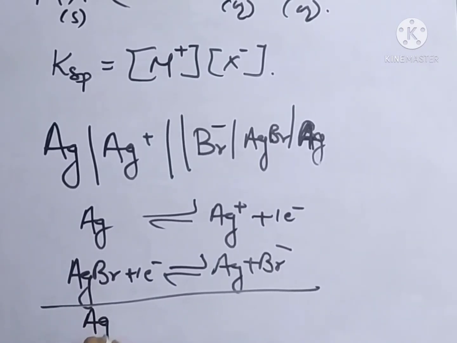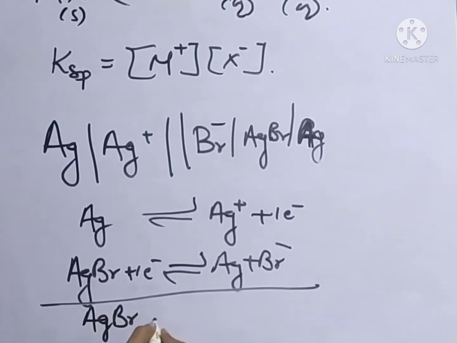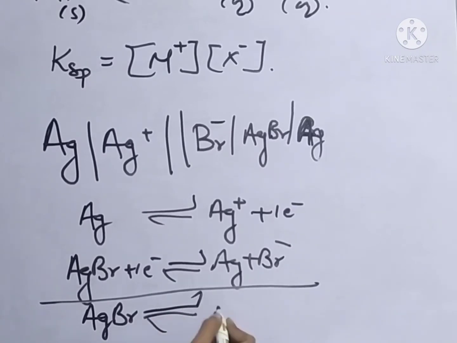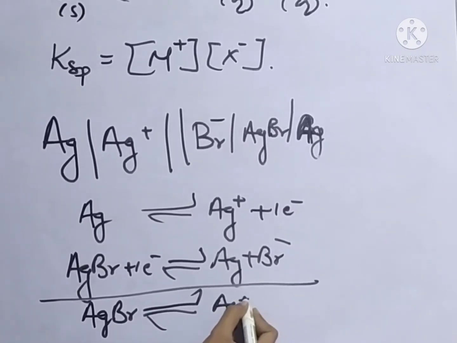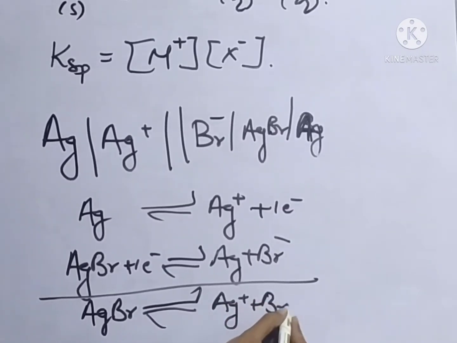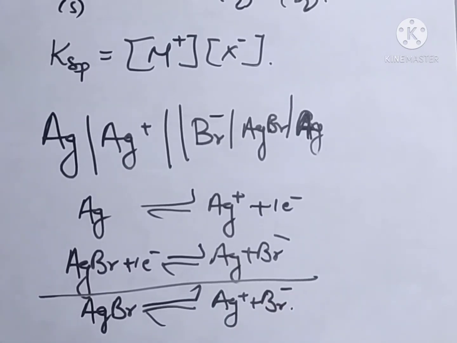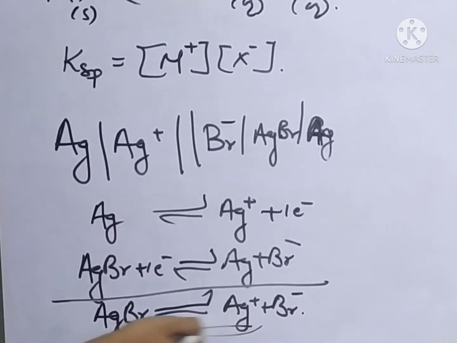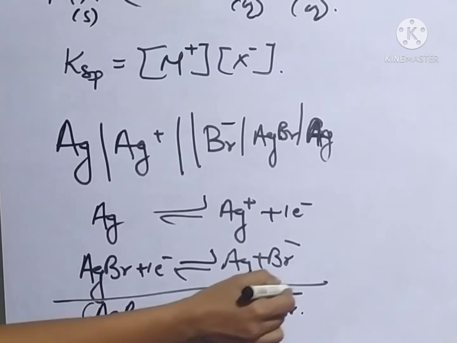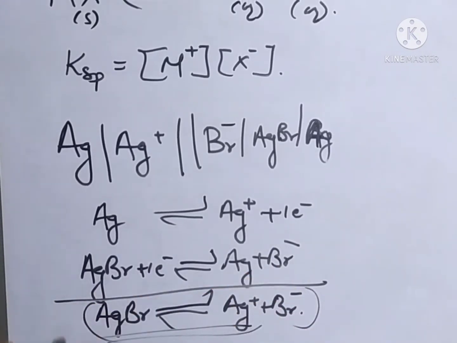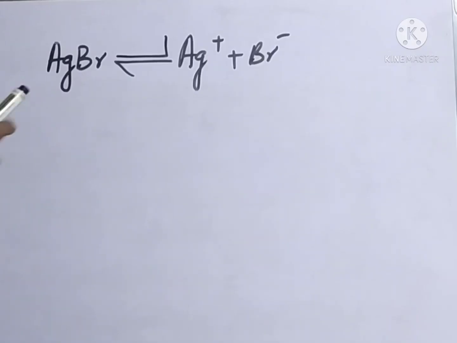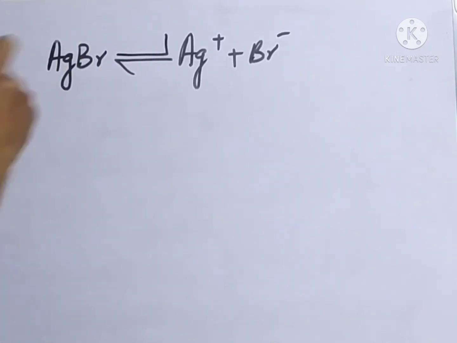So the entire reaction is AgBr reversibly gives Ag plus Br minus. Okay, let's calculate the solubility product by considering this reaction.